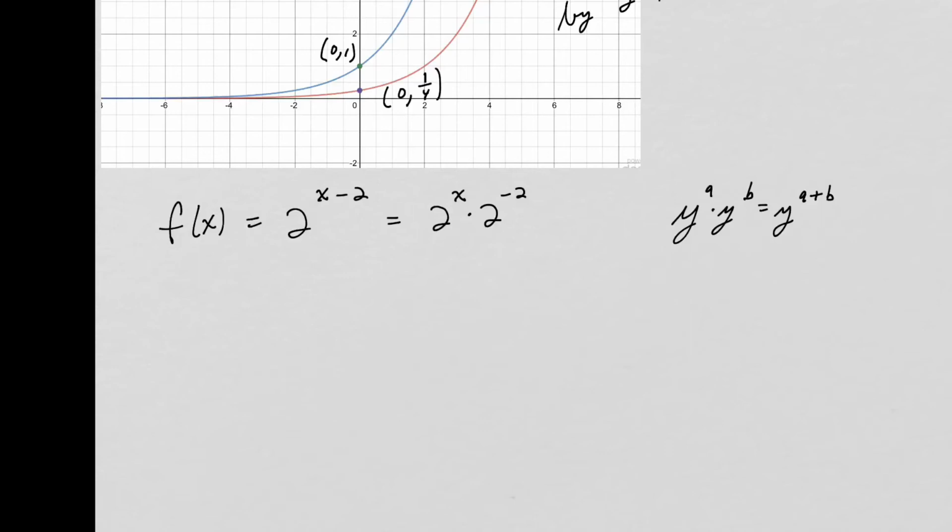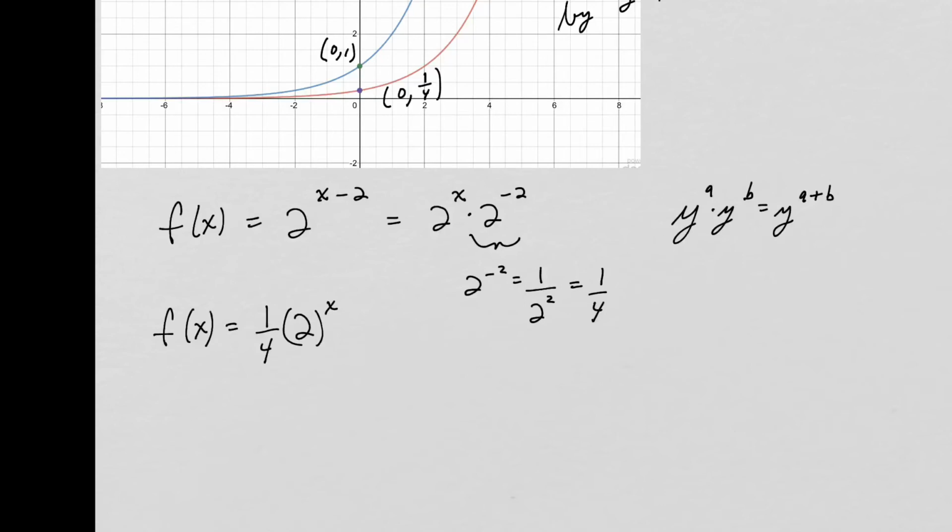But what is 2 to the negative 2? What is this value right here? 2 to the negative 2 is 1 over 2 to the positive 2. If you bring that down to the denominator, you have to change the sign on the exponent. And then 2 squared is 4, so this is the same as 1/4. So really this function I could also write as 1/4 times 2 to the x.